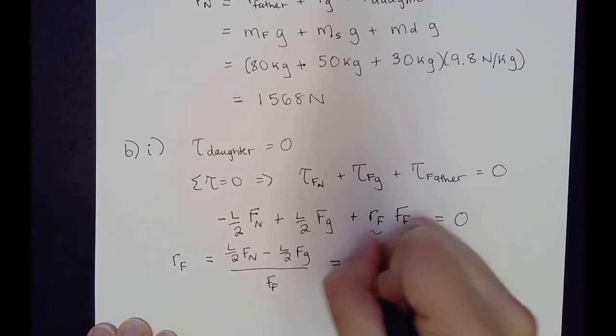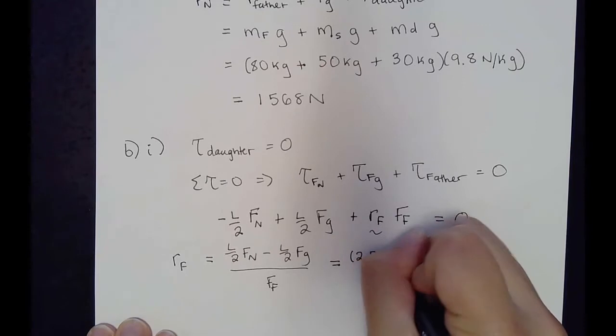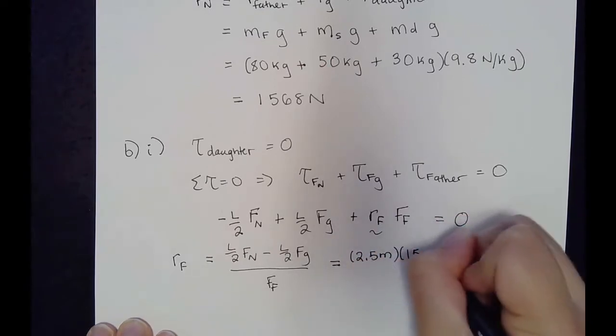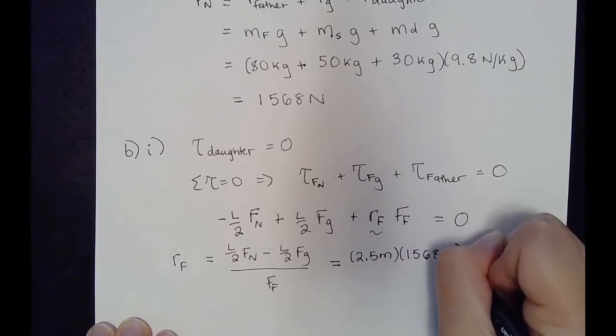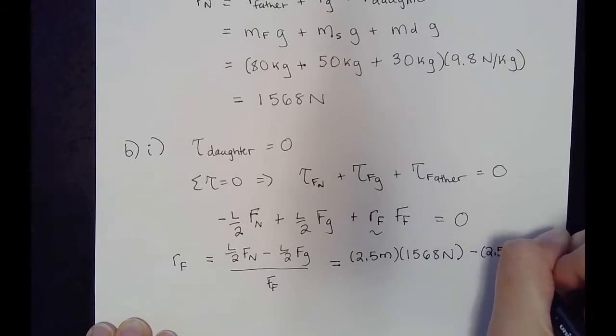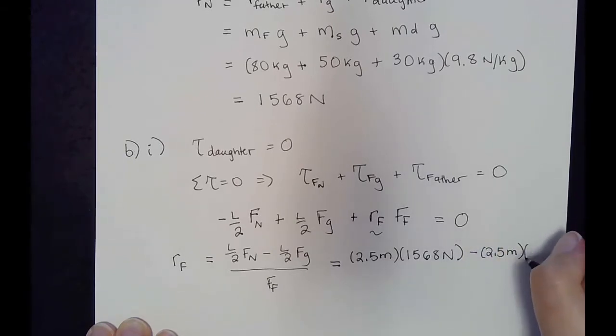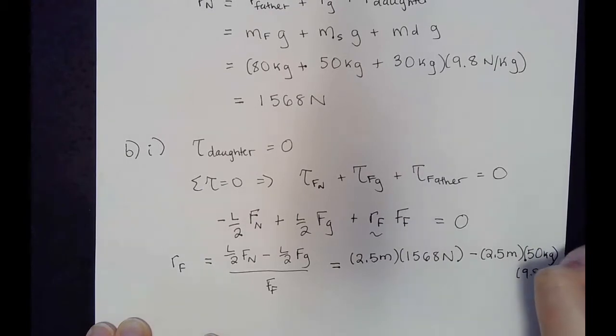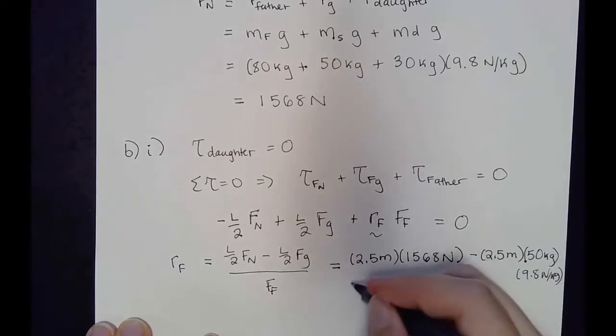So L over 2 is 2.5 meters times 1,568 newtons minus 2.5 meters times 50 kilograms times 9.8, so times g to get the weight.